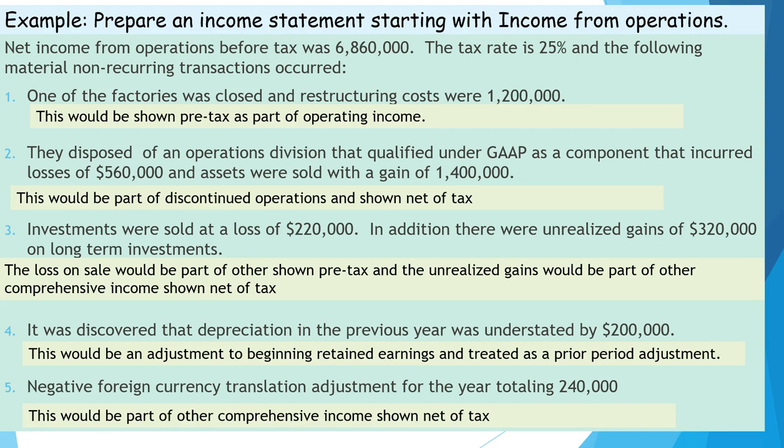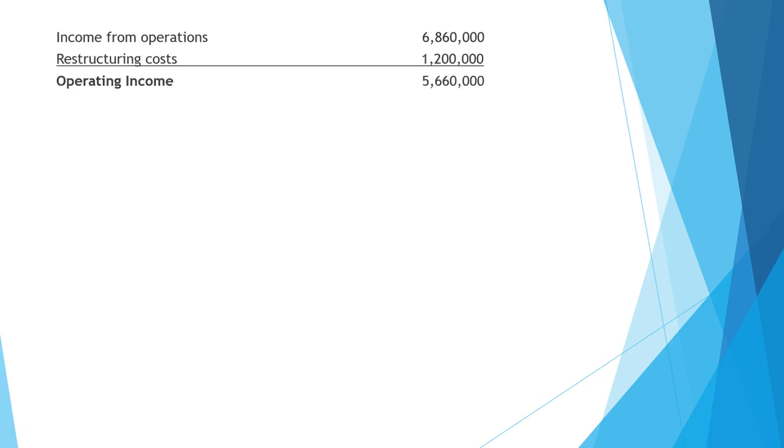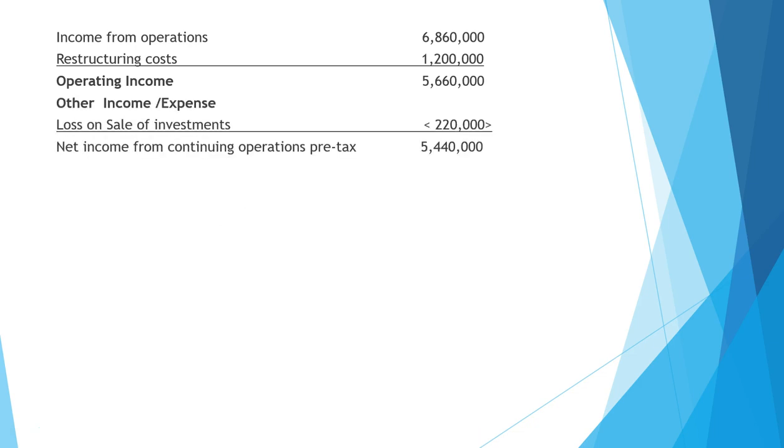So now we'll walk through what that would look like on the income statement. We start with income from operations. We adjust for those restructuring costs to get operating income. We then adjust for the loss on sale of investments, and now we have net income from continuing operations.